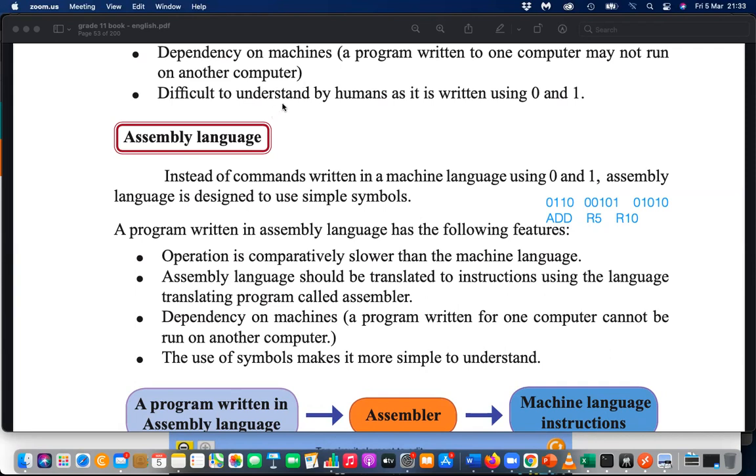Assembly will represent this binary using this, but to translate this assembler code to binary, you need an assembler. There's a translator which is required to translate this code. So that is about the assembly language.